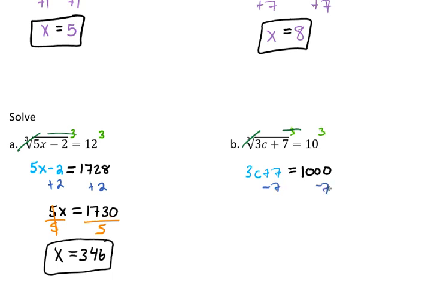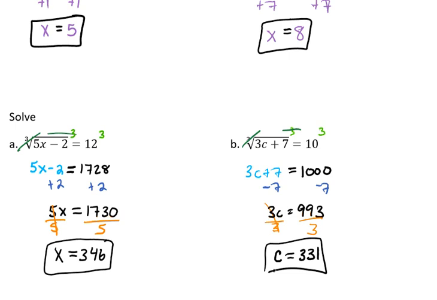We subtract 7 from both sides, and that gives us 3c equals 993. Then we divide both sides by 3 to get c by itself. When we divide 993 by 3, we get 331, and that's our final answer.